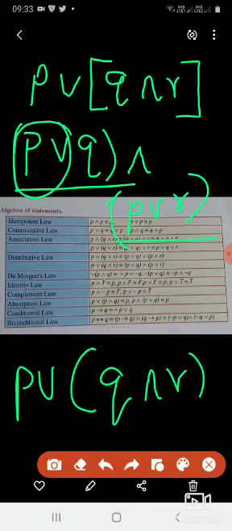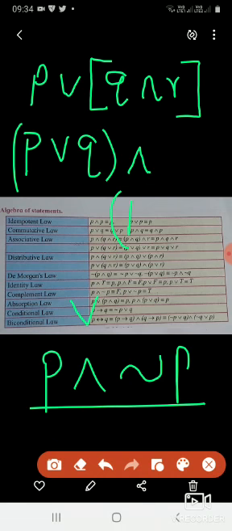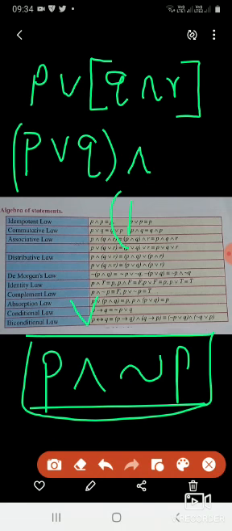Now another important one, the complementary law. What is the complementary law? Whenever you are comparing a statement and its negation, by using or, otherwise and, any one of them, this is called complement law. In some cases it will be false, some cases it will be true.